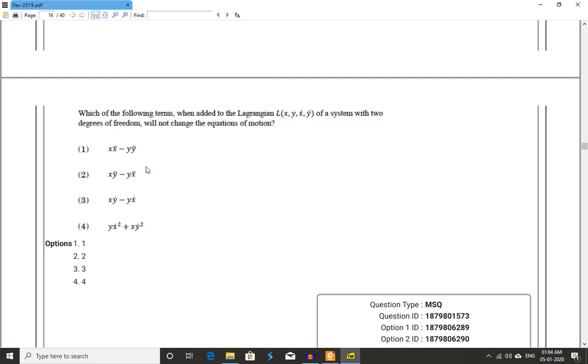At first glance, option 2 is a total time derivative of a function, and which function is it? Option 2, x y double dot minus y x double dot, is the total time derivative of x y dot minus y x dot. So this is a total time derivative of a function, but the issue is that accelerations are there. The Lagrangian cannot be a function of acceleration.